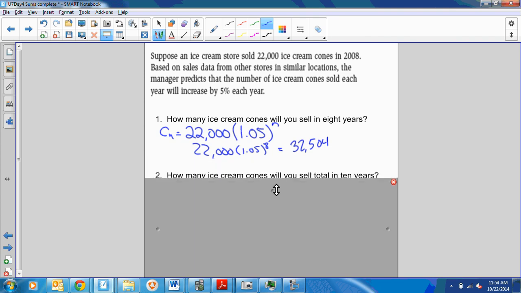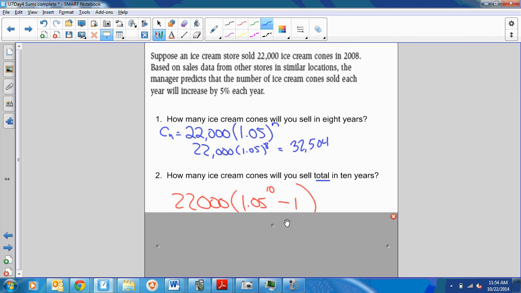The second type of question we're probably going to ask you is how many ice cream cones you sell total. Now I changed it to 10 years, but total. Notice that the only word different in here is total. Total is sum. We don't want to know how many you're going to sell in year 10. We want to know how many you sold total in all those years, year 1, 2, 3, 4, and 5. So that's a sum equation.